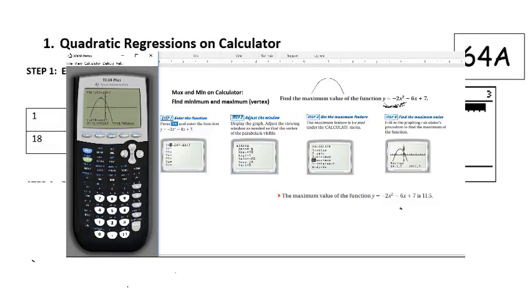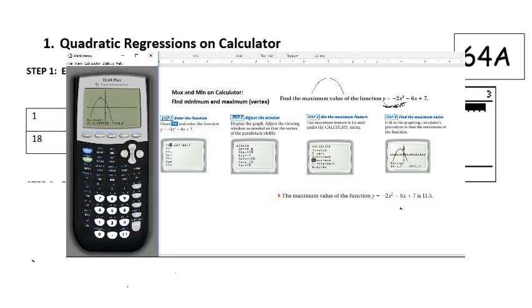I think the maximum is going to be somewhere up here, but I don't know exactly, so I will go to the left side of the maximum. It doesn't matter exactly where you go as long as you're on the left of the maximum. Go ahead and hit enter. Then it will ask you to find the right side. I will move my cursor to the right side of the maximum and hit enter again. This time it says guess: where do you think the maximum is going to be? I will go towards the middle where I think the maximum should be, and hit enter again.